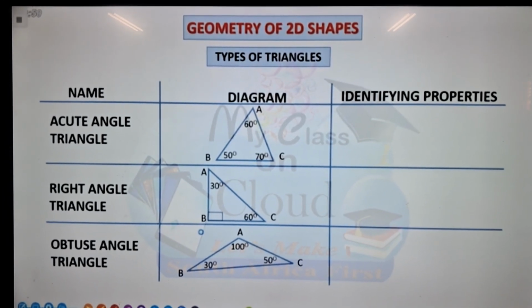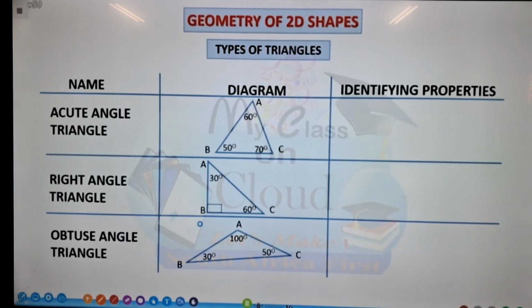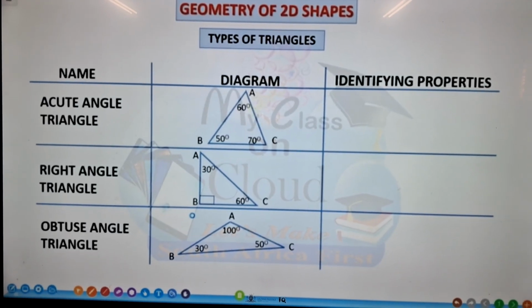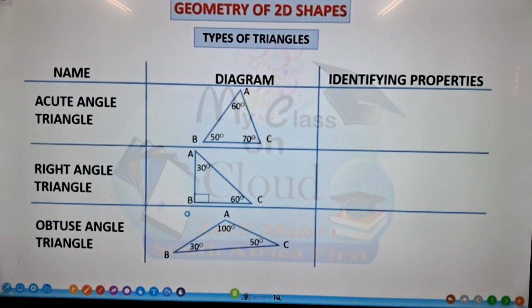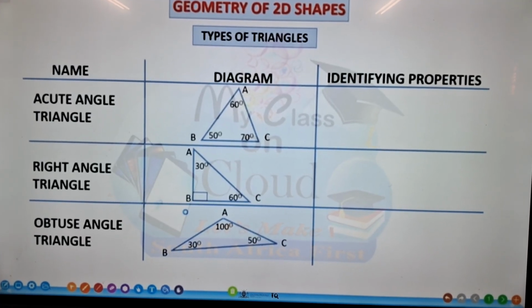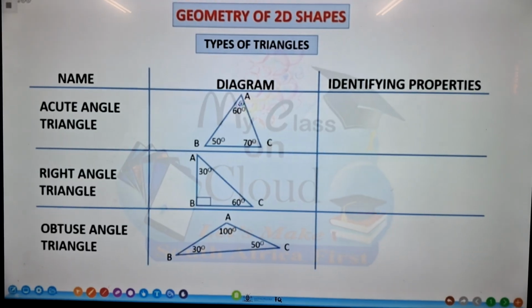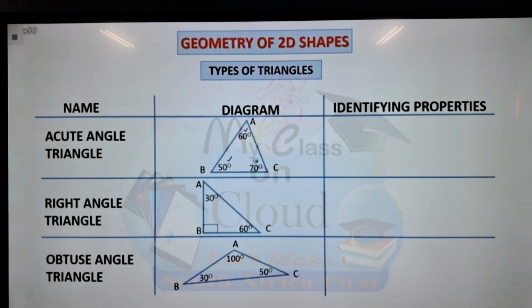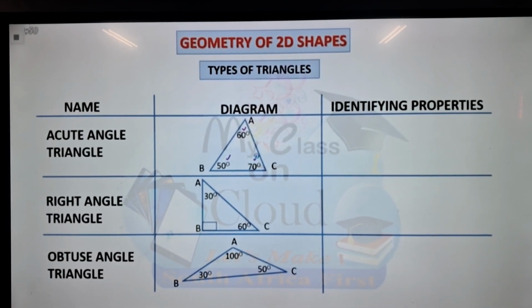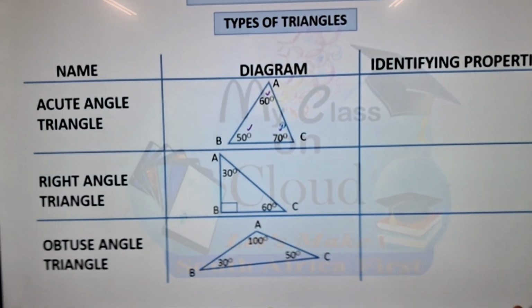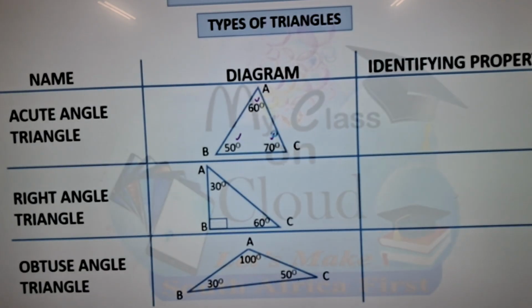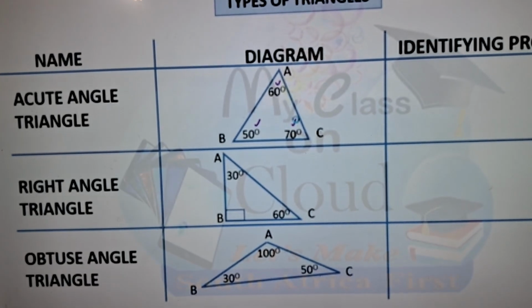Although, we do have a special name for that triangle. It is called an acute angle triangle. Now why is the triangle acute? Look at the angles, they determine it. When we look at this angle, it is 60 degrees, that is 50 degrees, and that is 70 degrees. What do you notice about all the angles? All the angles are less than 90 degrees.